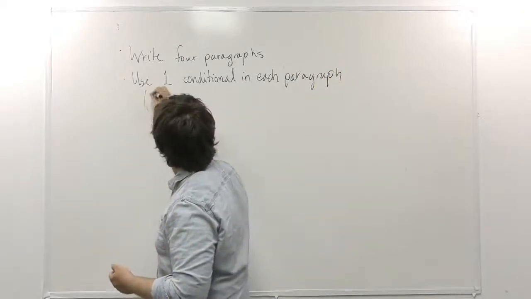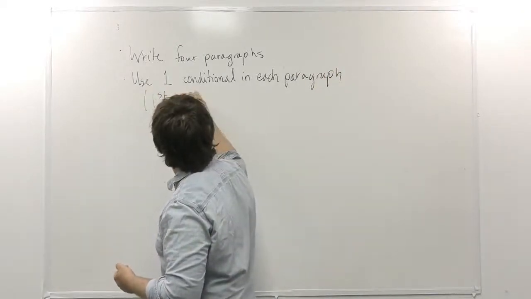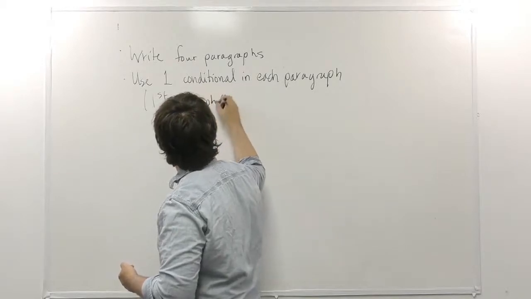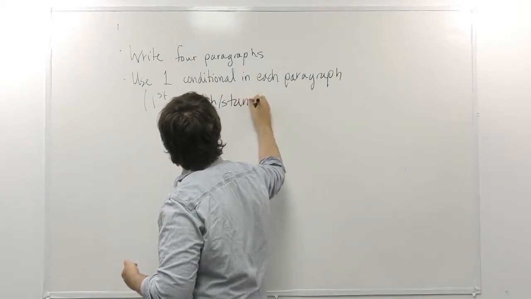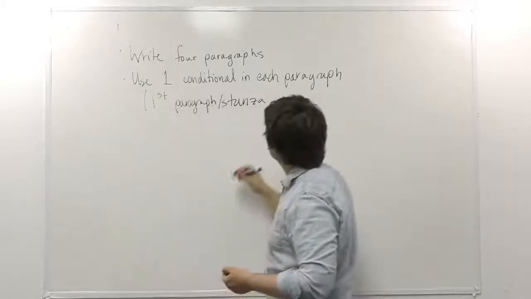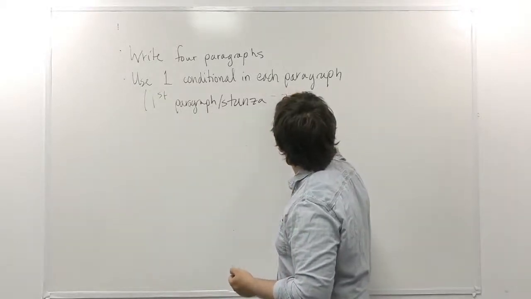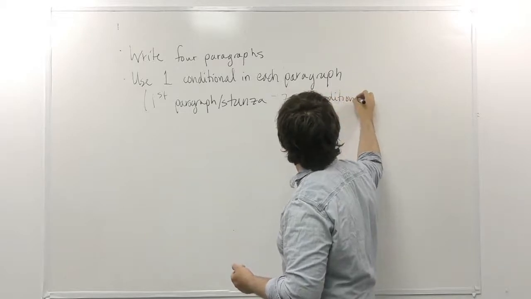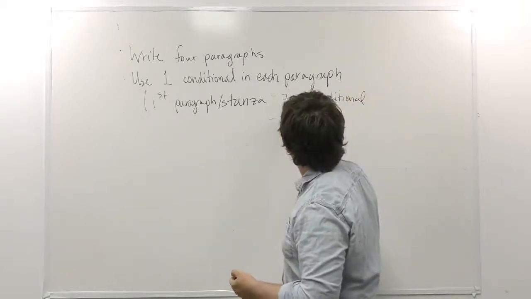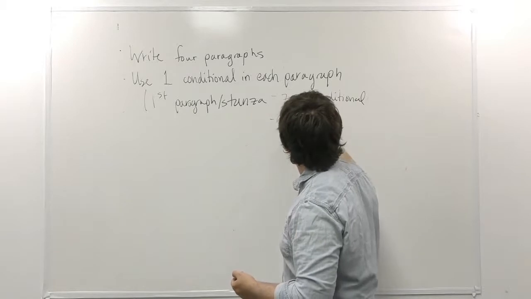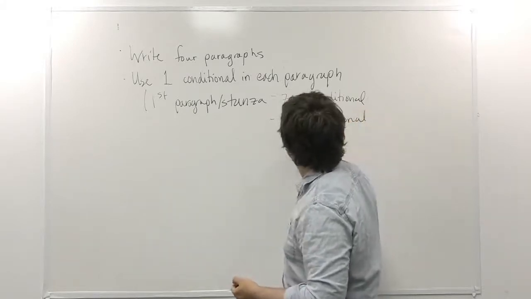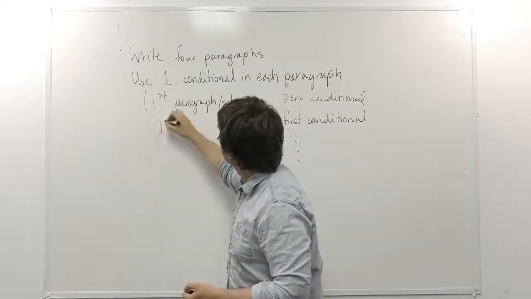So what I mean here is first paragraph. Now I'm saying paragraph, but actually I should say stanza, because stanza is the poetic term for paragraph. About the zero conditional. And then second, use the first conditional. And so on.